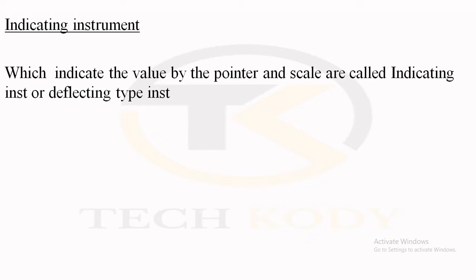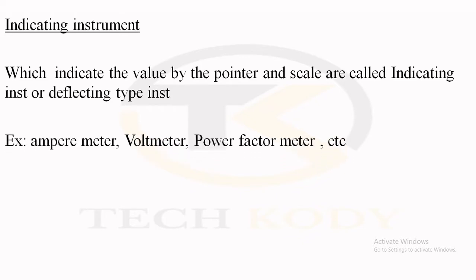The force is obtained by the magnetic field or other effects. Examples of indicating instruments are ammeter, voltmeter and power factor meter.